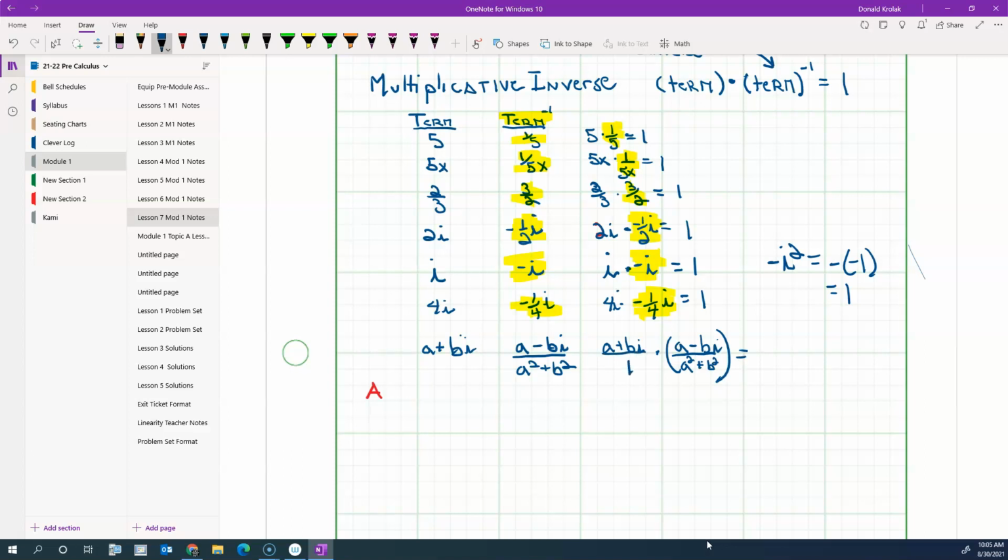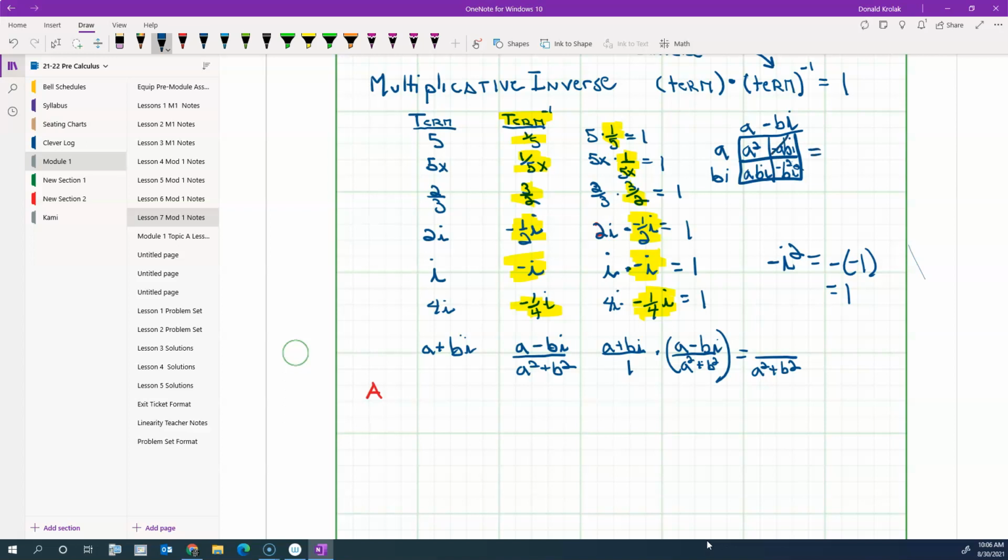If you multiplied those out, the denominator would be A squared plus B squared. If you multiplied out the numerator, you got A plus BI times A minus BI. You get A squared, negative ABI, positive ABI, and negative B squared I squared.